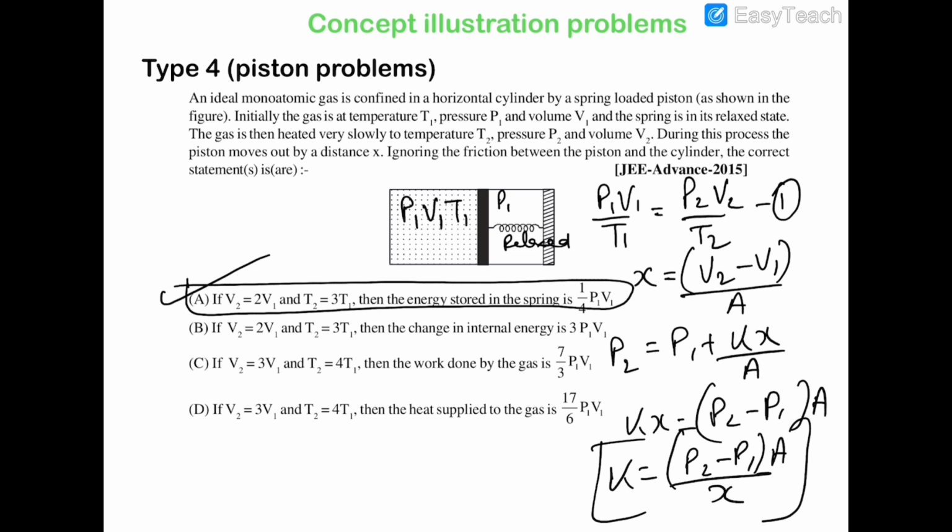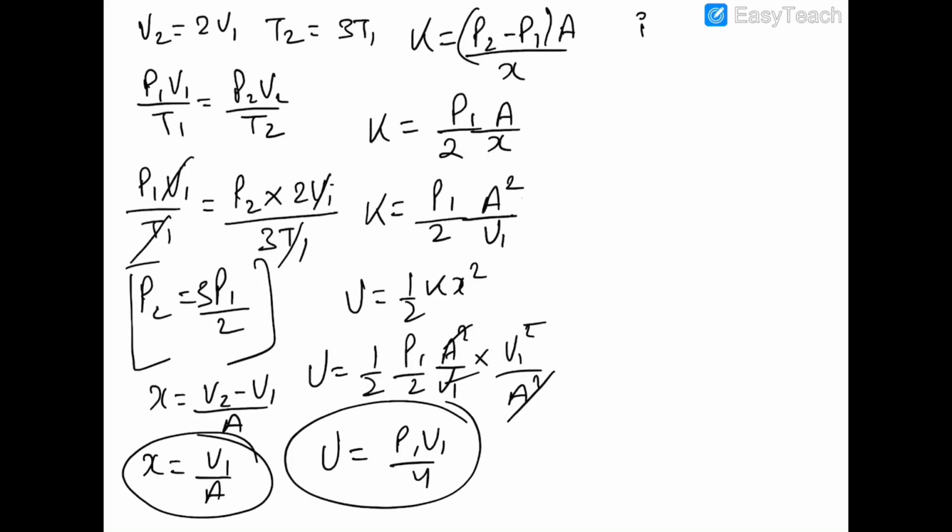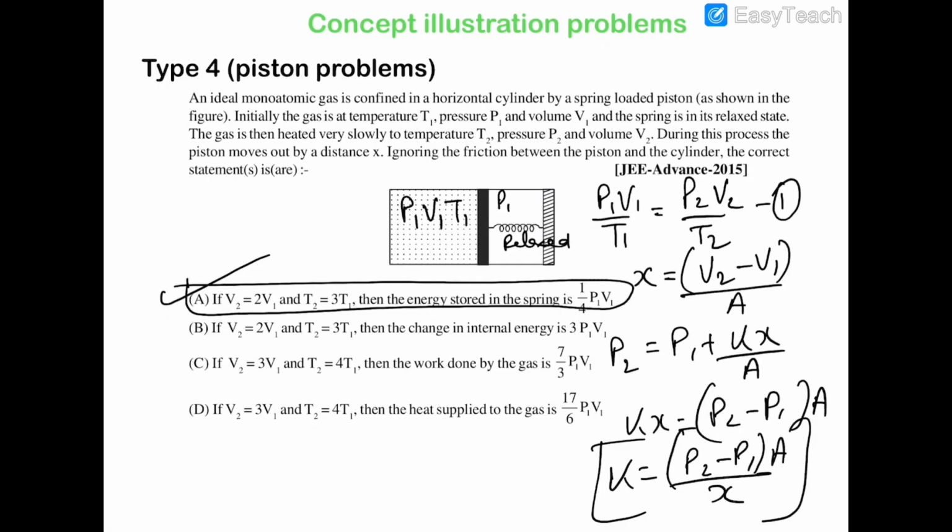Now in the second option we have to find out the change in internal energy if V2 is equal to 2V1 and T2 is equal to 3T1. So let us use different ink. So in the second option T2 is equal to 3T1.